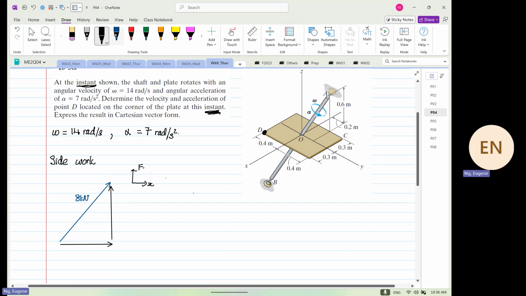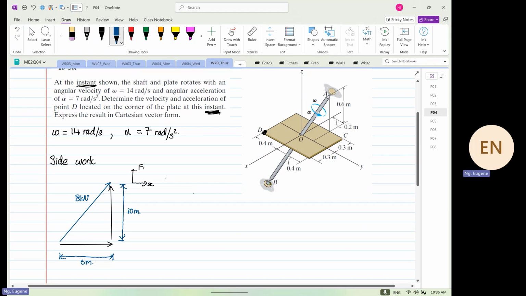Now, down here, I'm given a dimension of 6 meters, and over here, I'm given a dimension of 10 meters. Okay.